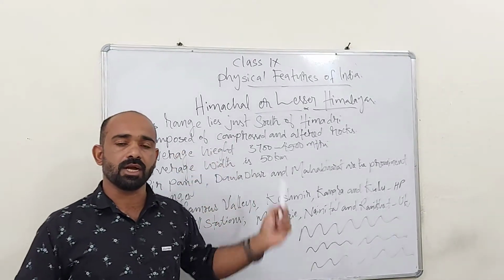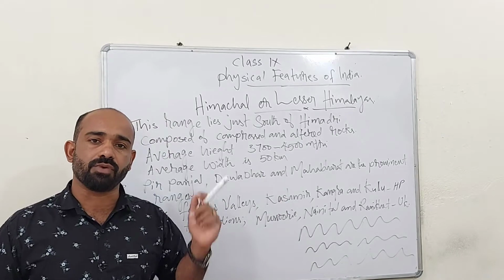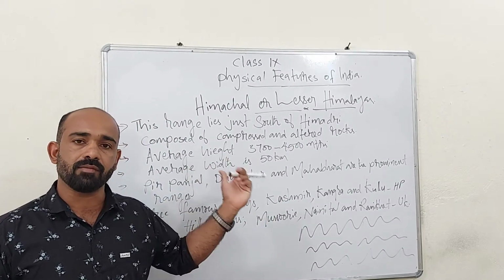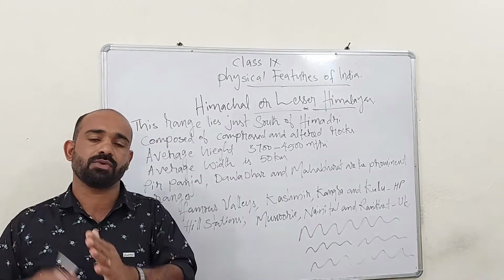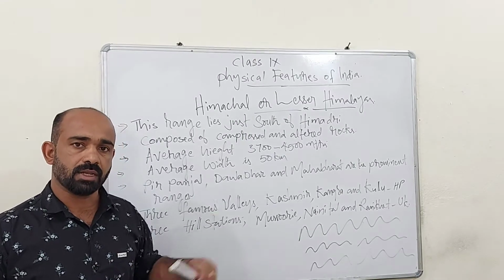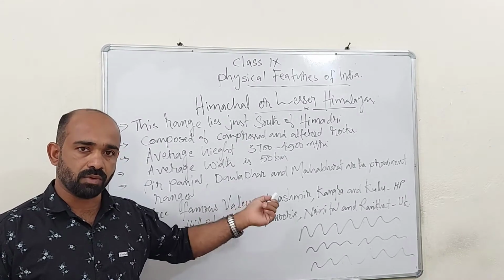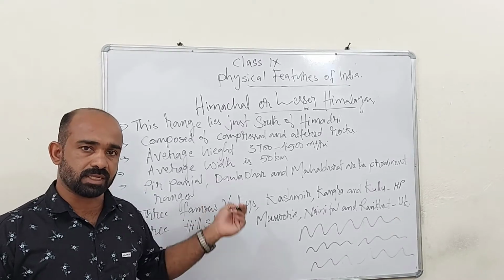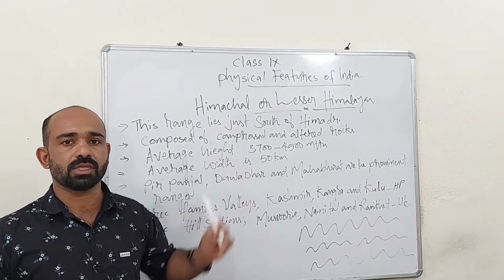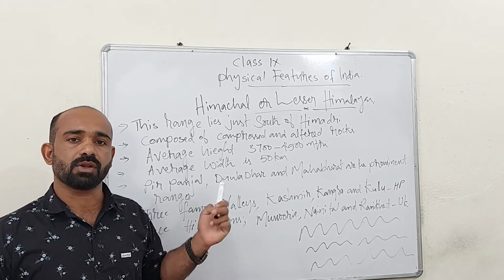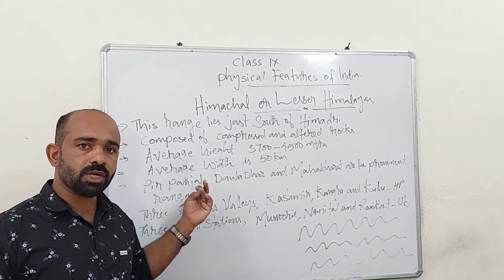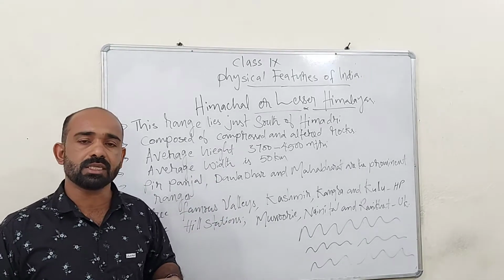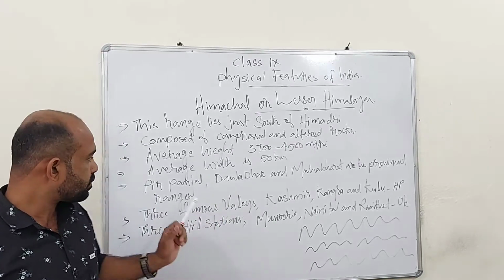The average height of all the mountain peaks found in this range, that means Lesser Himalaya, is between 3,700 and 4,500 meters. The average width of the range is 50 kilometers.